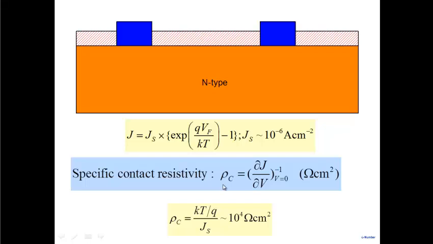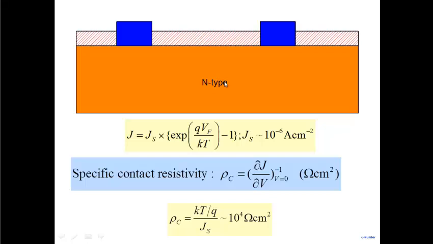I don't know if you remember a value that we wanted. We had looked at a PN junction and we had calculated a value of rho. What kind of a rho do we want? And the number was 10 to the power minus 6 ohm centimeter square. That was the number that we want. Otherwise, what happens is the properties of your device start being determined by the contact rather than by the PN junctions and the dopings and all of that here.